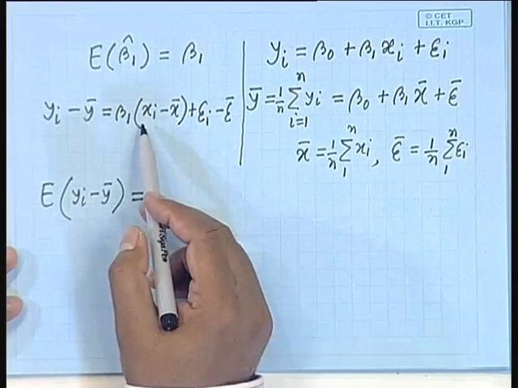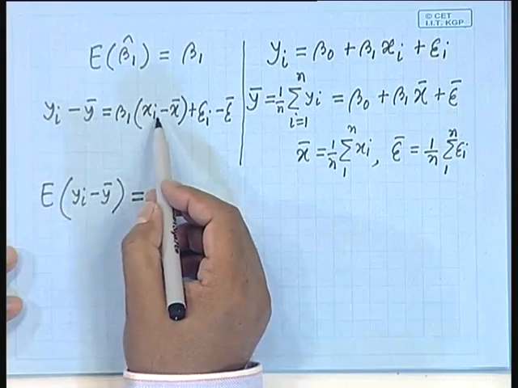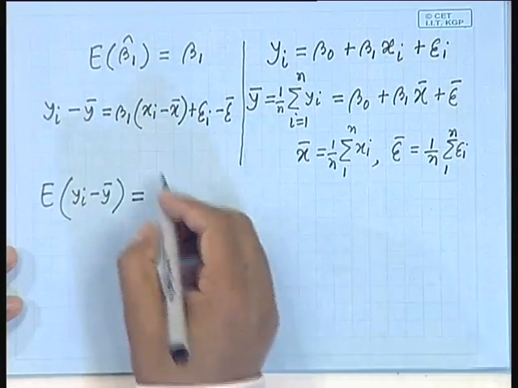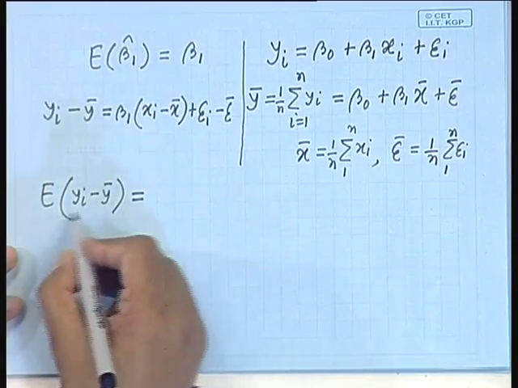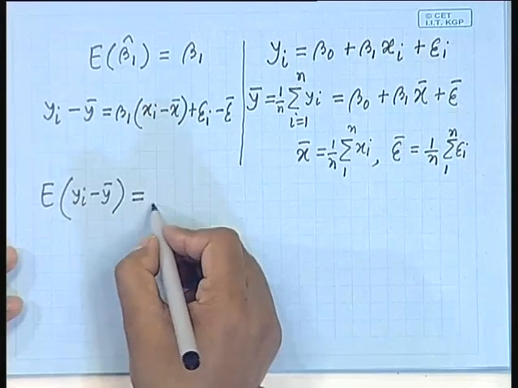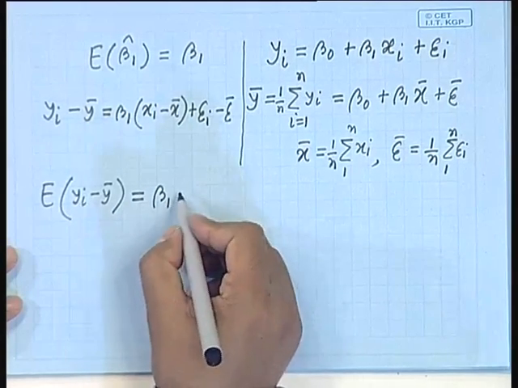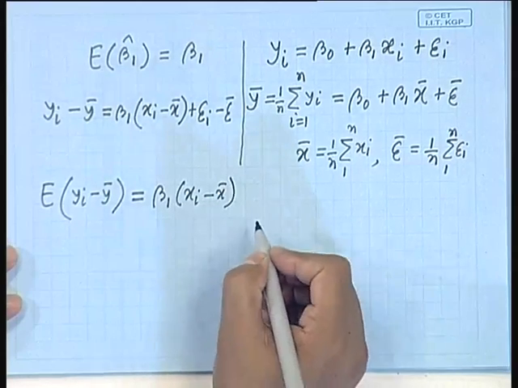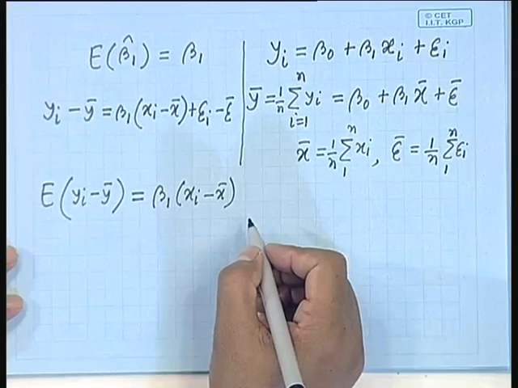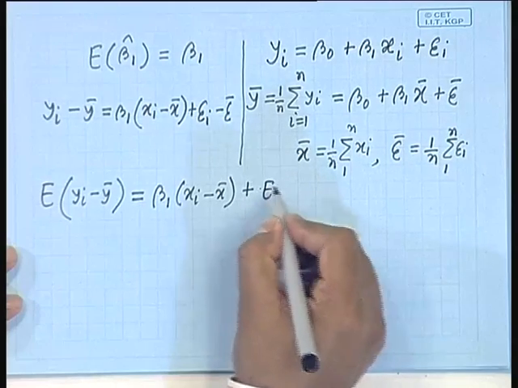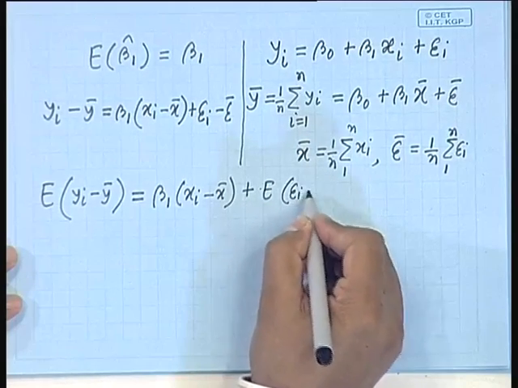So, for given I, this is just a constant. So, the expected value of yi minus y bar is equal to beta 1 xi minus x bar plus expectation of epsilon I minus epsilon bar.